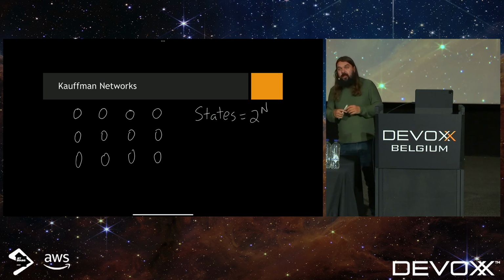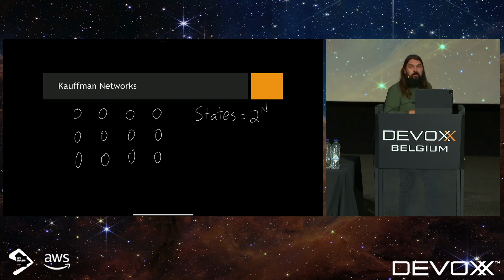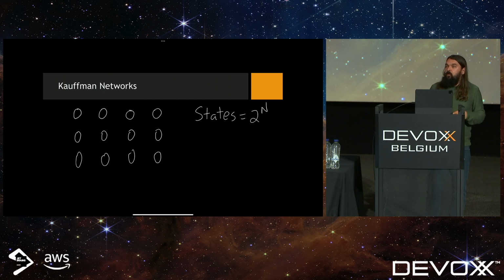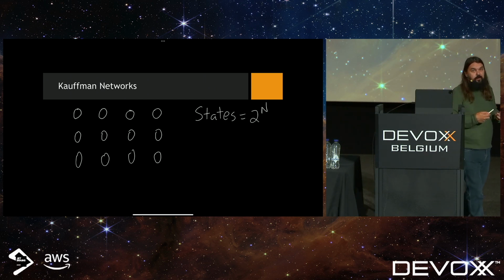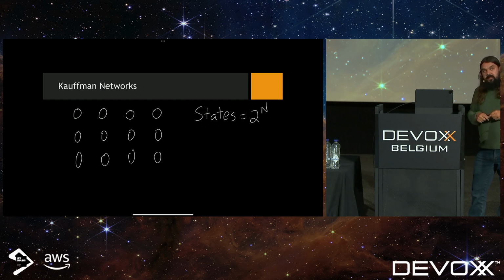When Kaufmann ran this experiment, he let n be 100,000, which is 2 to the power of 100,000 possible states in the system, a greater number than the number of atoms in the universe. So if that's your requirement specification, that's a big, big document.